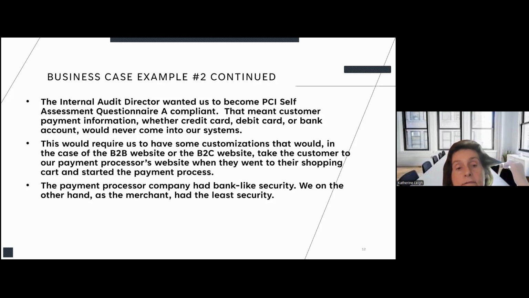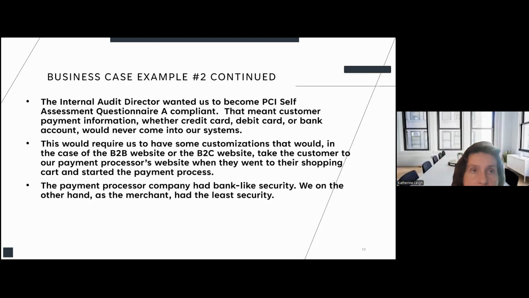The deal was that the payment processor company had bank-like security. It was really good. We, on the other hand, as a merchant, had the least security. So we just took ourselves out of that whole process, because typically at that point in time, if you bought something, your information would go to the vendor, which was us, then to the payment processor, then to the bank, and then come back.